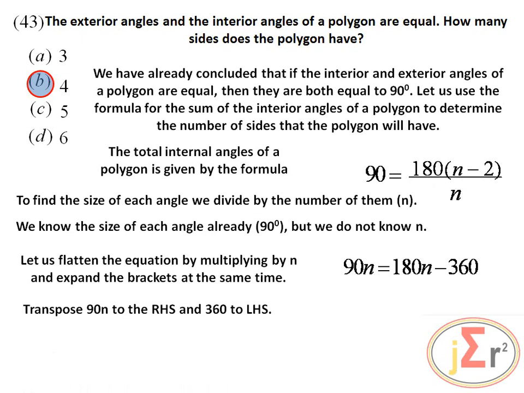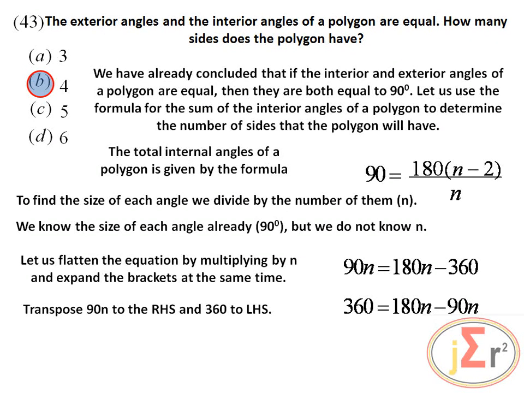Transpose 90n to the right hand side and 360 to the left hand side. So this will be transposed like this, and this will be transposed like that. This is negative, positive there. This one is positive, negative there. Of course, 180 minus 90 is 90. So we have 90n on the right hand side.